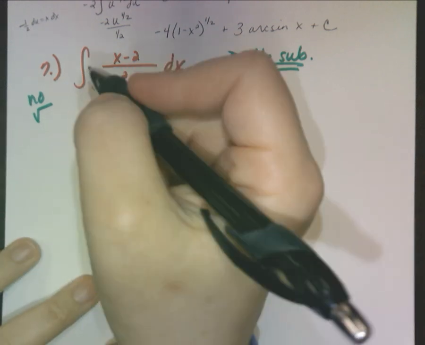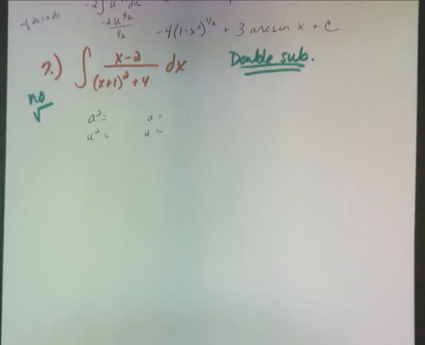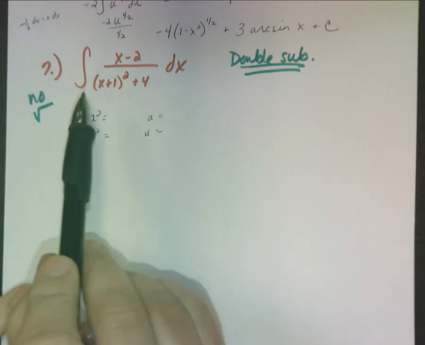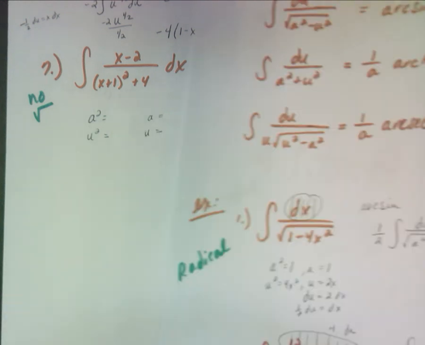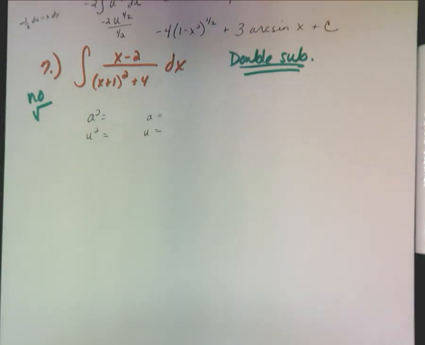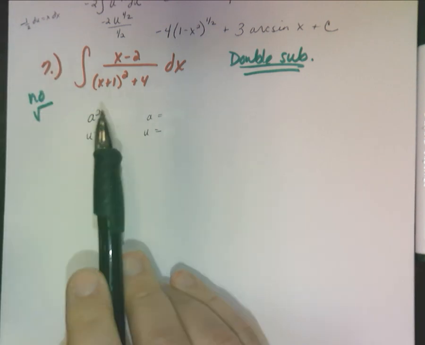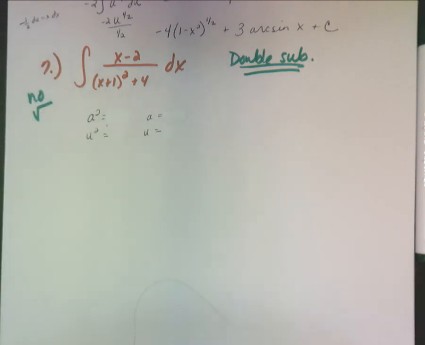So my a squared would be, what are we going to let our a and b be? Normally your a comes first, right? So your a squared and your u squared. When I had actually done this problem the first time, I let this be my a squared, which I shouldn't have. Your a is usually just a single constant, or something like that.